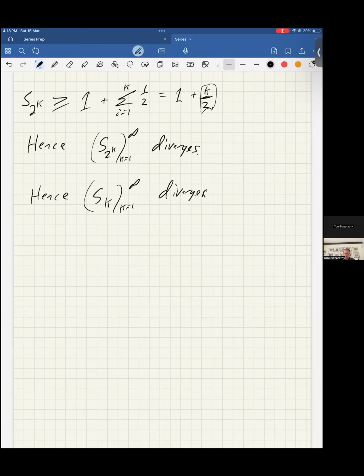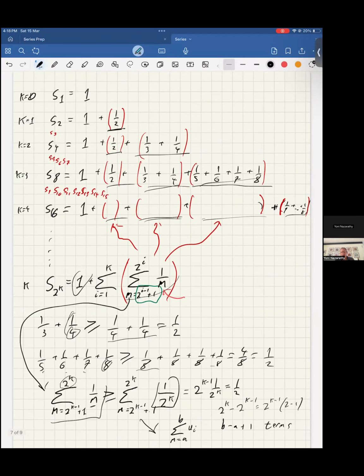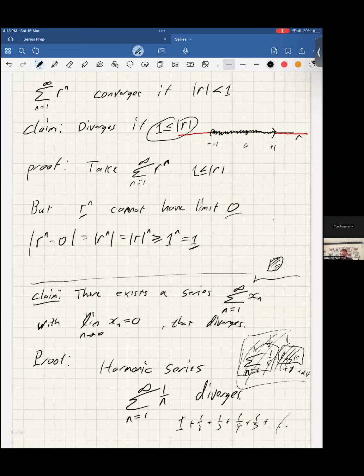And because the sequence of partial sums diverges, the series diverges. So what we've seen is that the harmonic series diverges. And again, it's interesting to know that it diverges super, super slowly. So if you were to compute the harmonic series as much as you'd like, you're not going to grow very far.